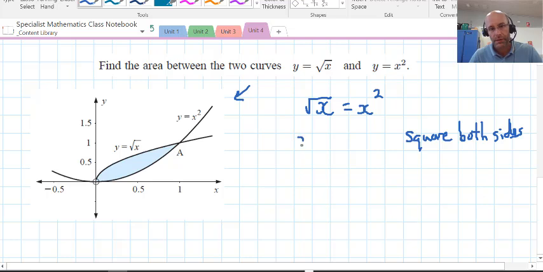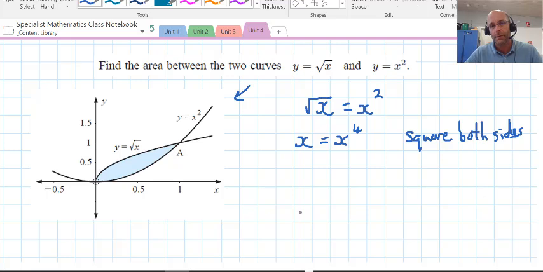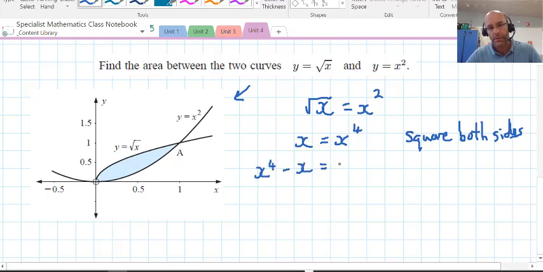If we square the left-hand side, we get x, and square the right-hand side, we get x to the power 4. Let's get them both onto the same side. We get x to the 4th minus x equals 0.